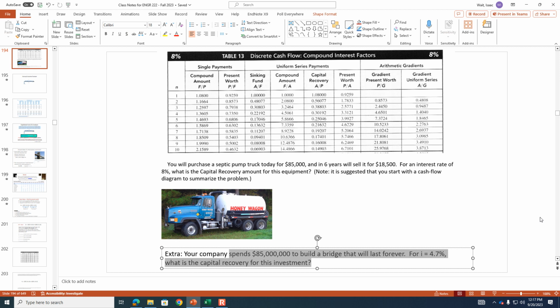But we're just talking right now about capital recovery, which is spreading out the initial acquisition over a series of annual amounts. And if the annual amounts extend forever, then the relationship between A and P is pretty simple. And we'll talk more about that. But any questions about the first part of the problem, the septic pump truck?